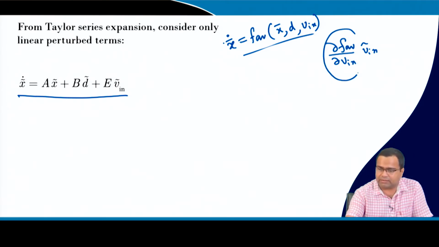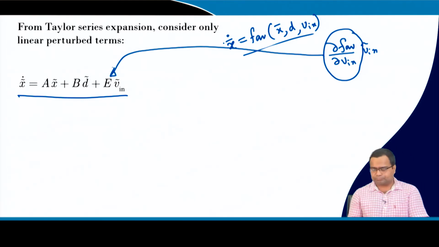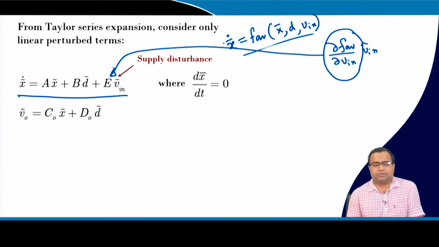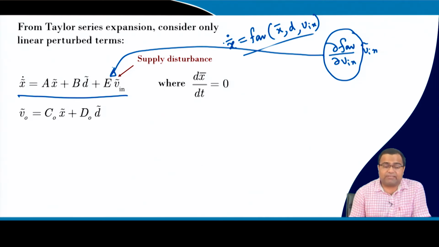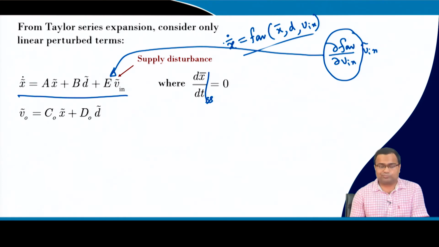And this particular term, if you compute at steady state, will give you the equivalent E matrix, the supply disturbance. Now if you set the average quantity to 0, this could be at steady state, it is 0.